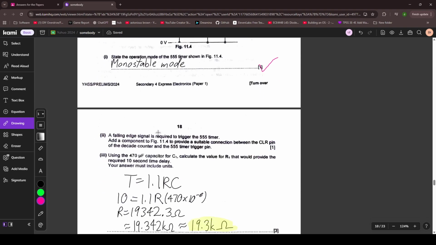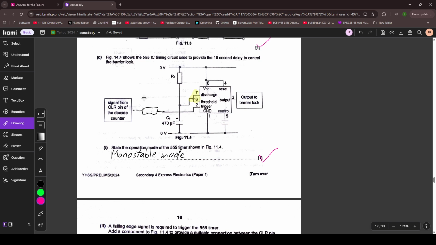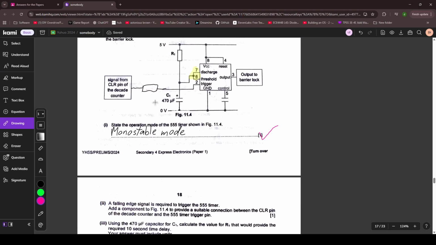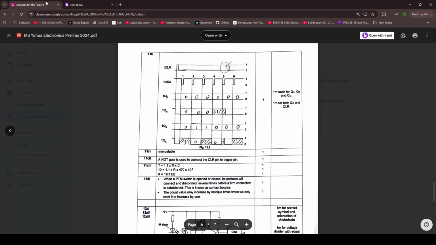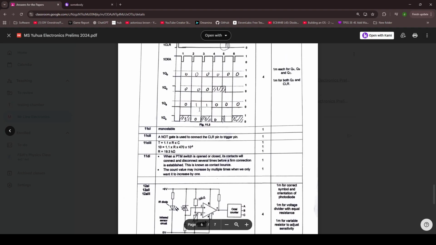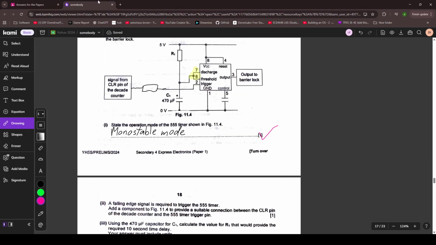This is right, but I think... Okay, but I don't know, this looks weird. Wait, is this right? A NOT gate is used to connect the clear, so it needs a NOT gate.